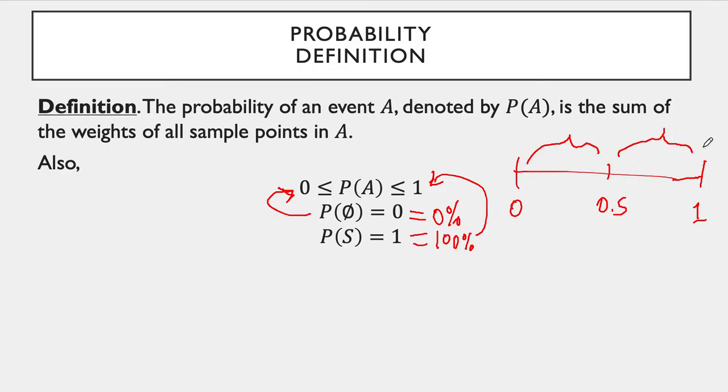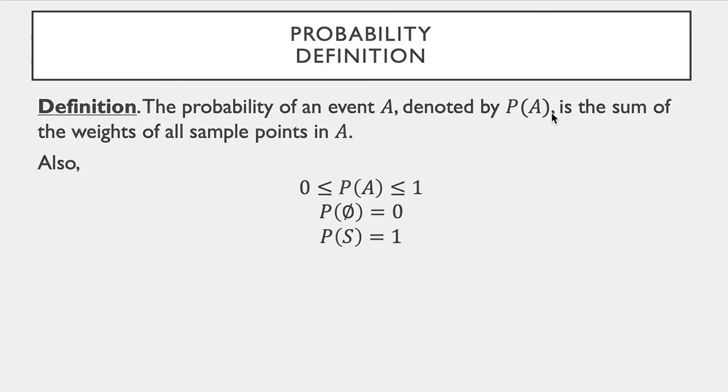These are what we call more likely to happen: 60%, 70%, 80%. So that is the definition of probability, the notation and such. Our probability values are only between these.